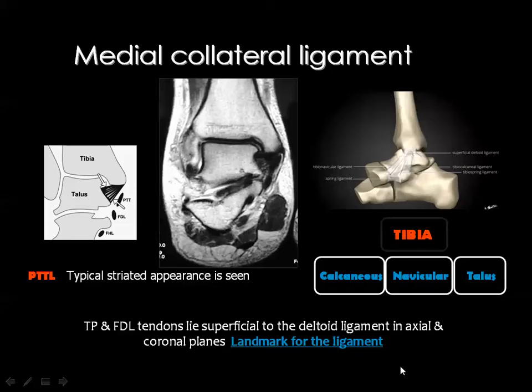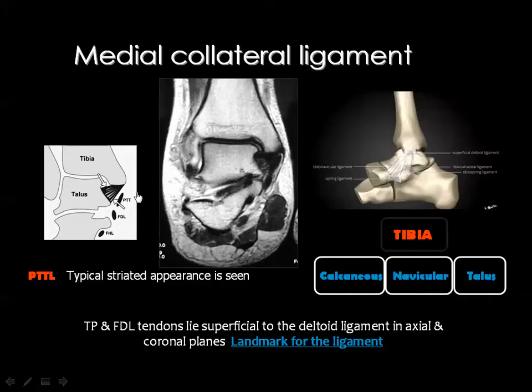The best way for evaluation of the medial collateral ligament is in the coronal images, where you see the classic fan-shaped appearance of part of the ligament coming from the tibia to the talus. Another part is coming from the tibia to the calcaneus. This part of the calcaneus is the sustentaculum tali, and there is one of the bands of the ligament going here.